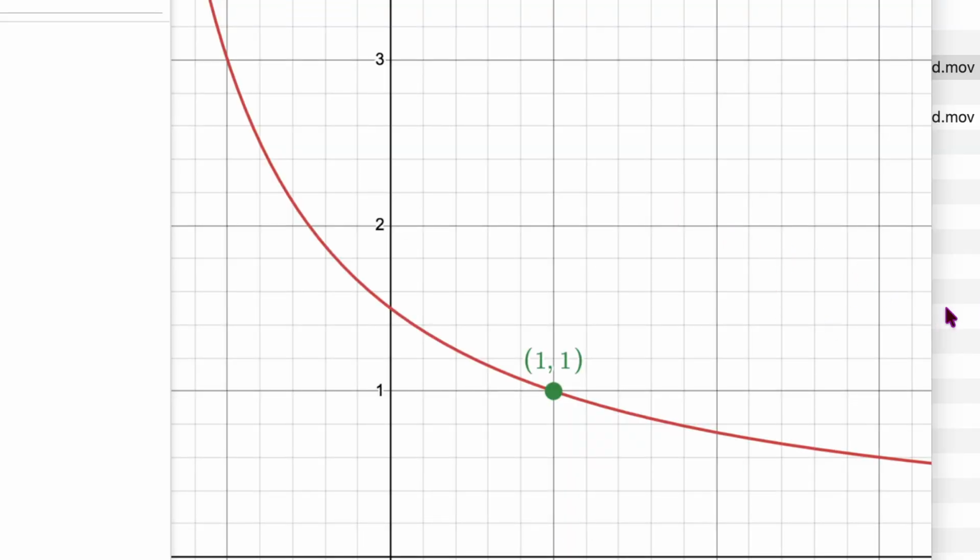Do you see that the slope of the tangent line at the point 1, 1 would be negative, it is going downhill, but it is only very slightly negative.